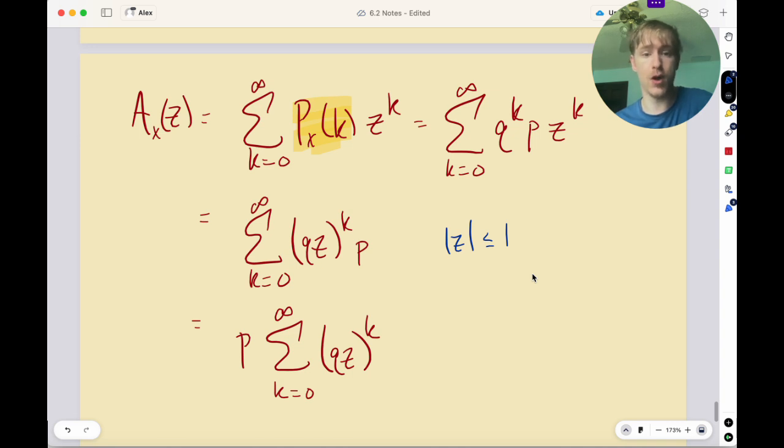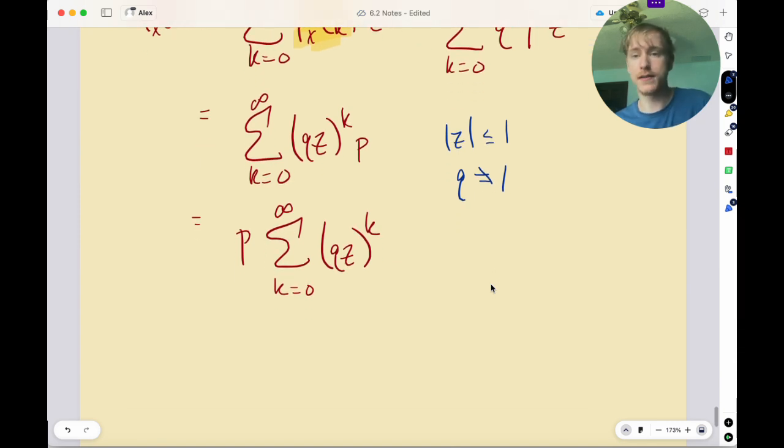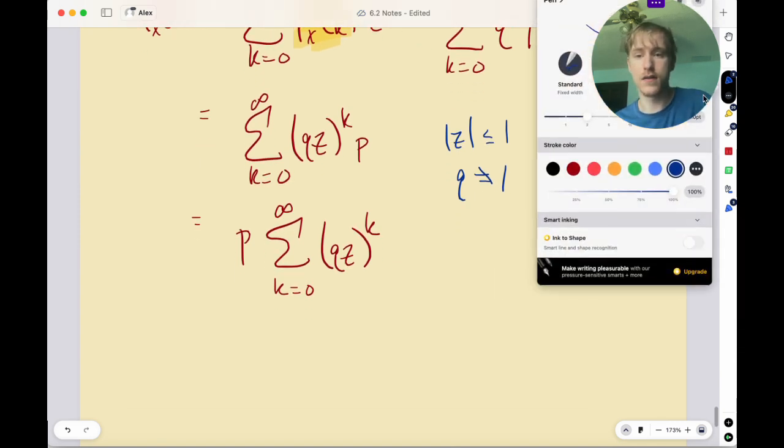Okay? It's almost never going to be equal to 1. And even if it was equal to 1, well then qz is just z, and then as long as z is strictly less than 1, then this still works. So I guess what I'm trying to say is we also have to assume that q is not equal to 1. In other words, we're assuming the probability of success is not 100%, because otherwise this sum will diverge. Okay? So in that case, then we're good.